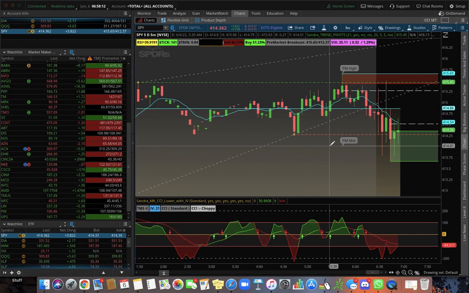Which is like, it's inside. So whenever you have an inside day, it's choppy. It's trading within a range and really not doing anything. So this would be a day that I would say go out and enjoy the day.